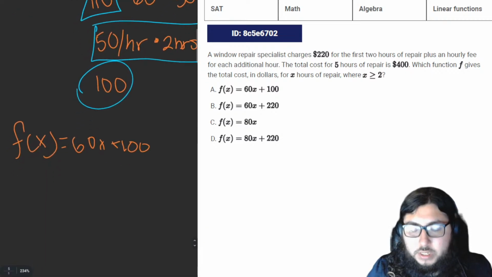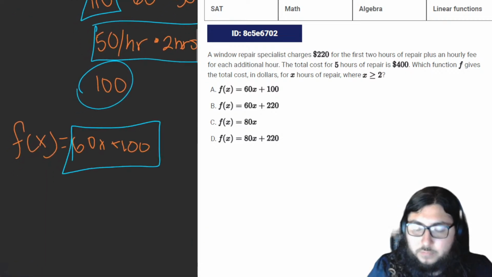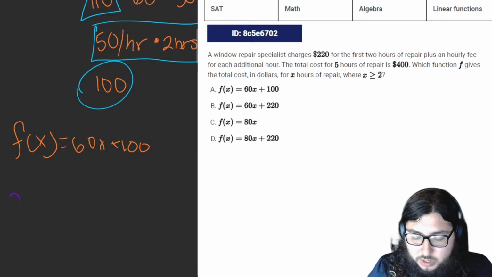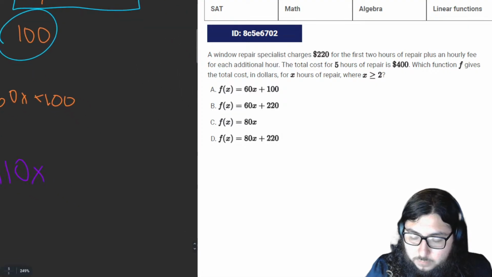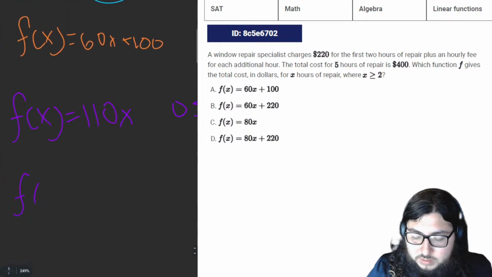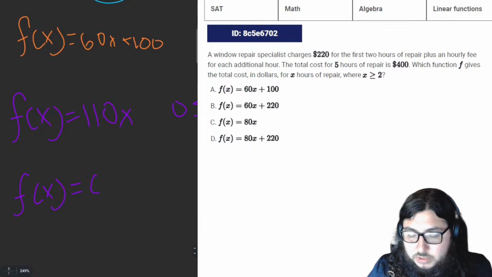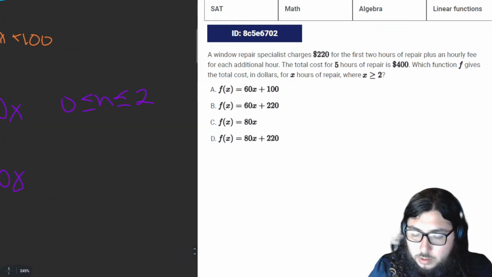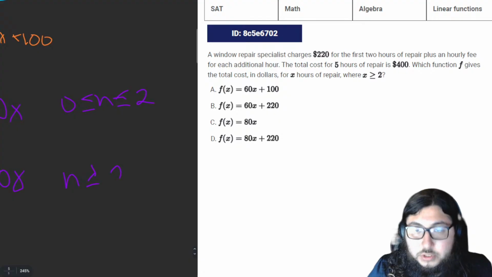If we want to keep this same linear function, because basically we have two functions where f of x is equal to 110x as long as x is between 0 and 2 hours, and then f of x is equal to 60x when x is greater than or equal to 2.